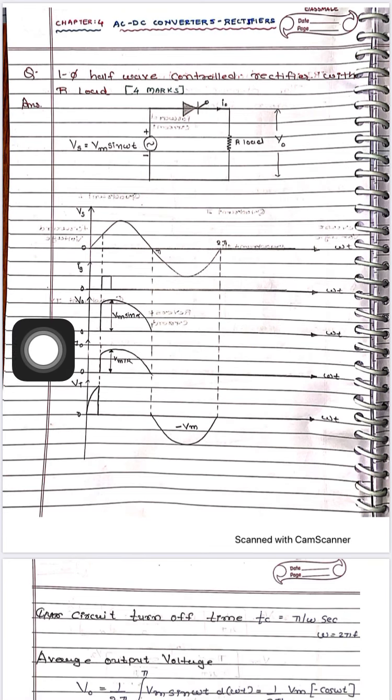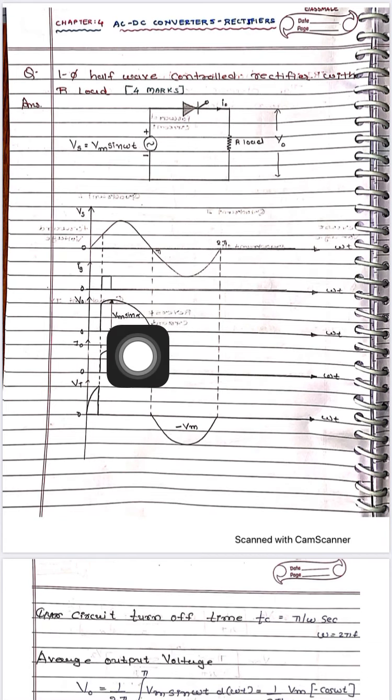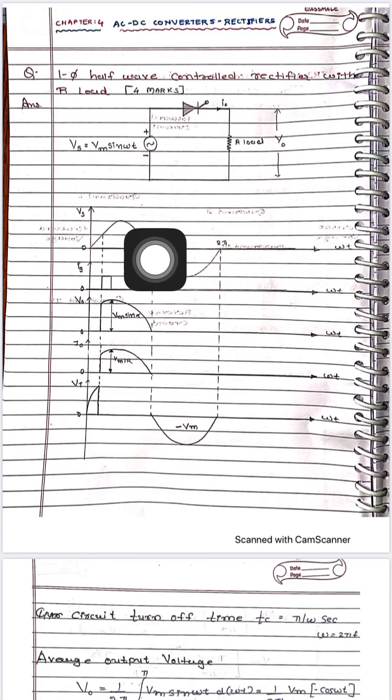So, you can see these are the output voltage, right. When I give the gate pulses, suddenly I get a voltage equal to Vm sin omega t, because we consider this waveform as an AC waveform, right.